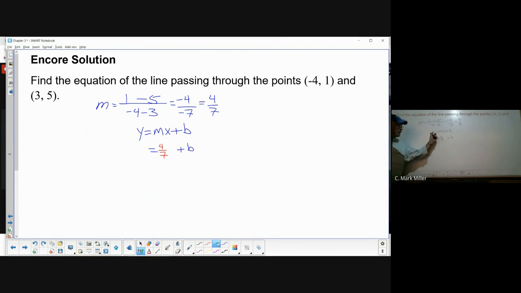Whatever equation we get will be true for every point on the line, so we can take one of these points and plug them in for x and y. Let's use this point here. The y coordinate is 5, the x coordinate is 3. And now solve for b.